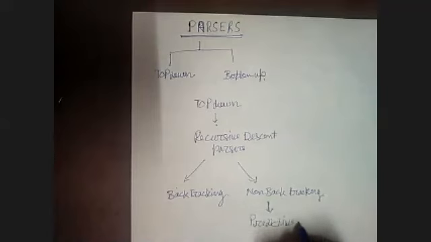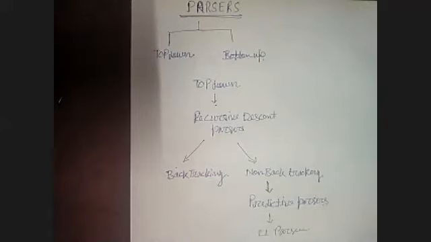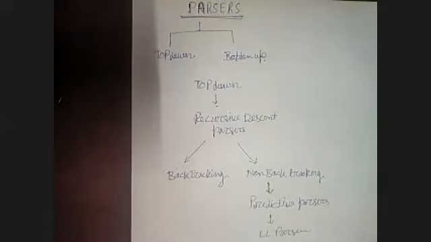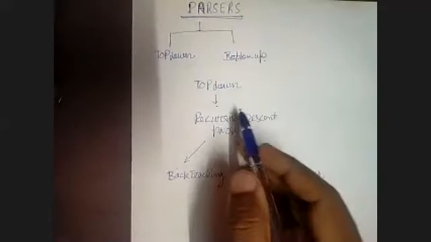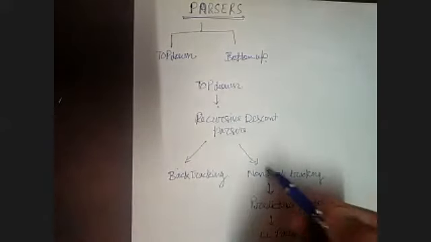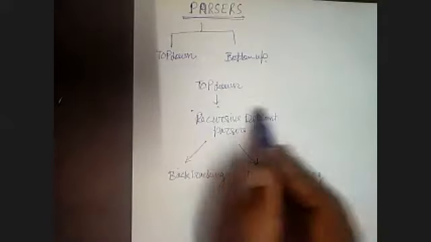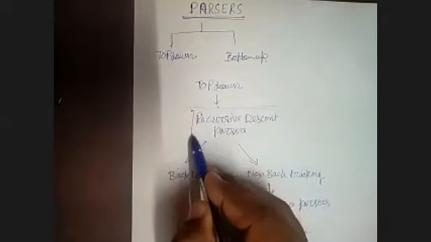Okay, and predictive parser again classified into LL1 parser, right? LL parser. So top-down parsing, in a simple sense, is classified into two parts, backtracking and non-backtracking, under the recursive descent parser.